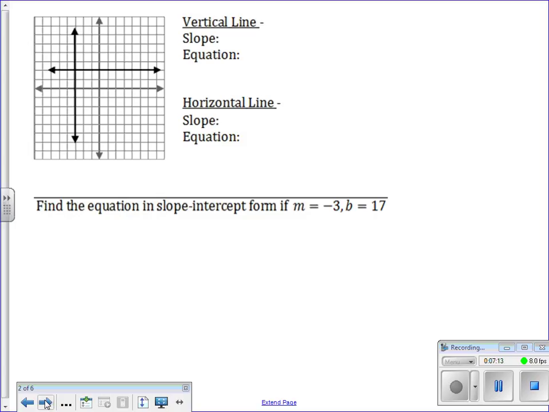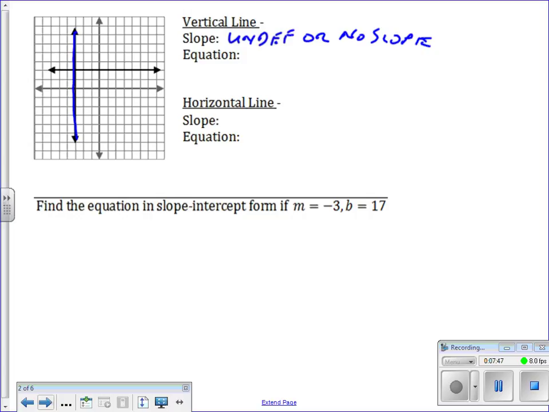Okay. So we also talked about vertical lines and horizontal lines. Vertical lines, straight up and down. What's the slope of our vertical line? We have one here. What's the slope of that line? It's undefined. Undefined or no slope. The slope is either undefined or no slope.